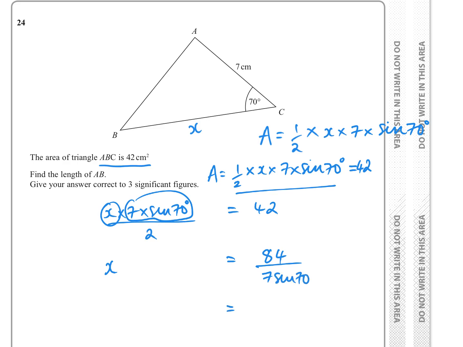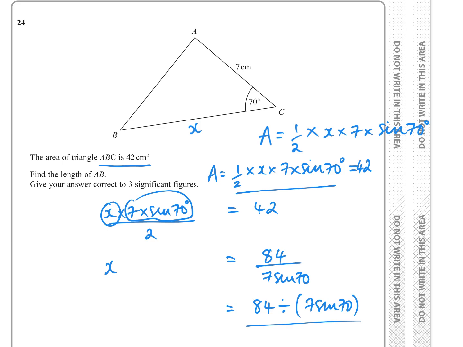on our calculators you do 84 divided by, and please don't forget this bracket, and make sure your calculator is in degrees. So we've got 84 divided by bracket 7 sine 70, checking it's in degrees. If your calculator starts a bracket for you when you do your sine function, then just do another bracket and then another one.